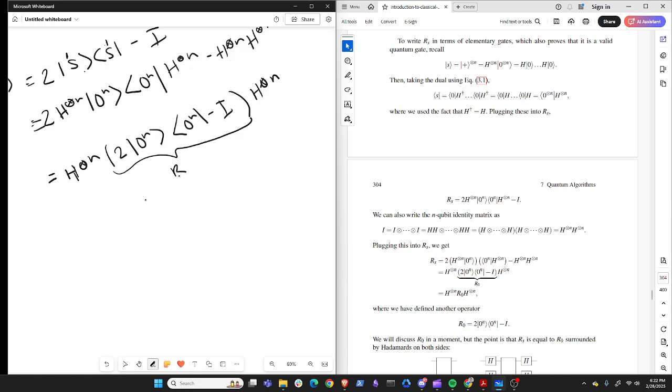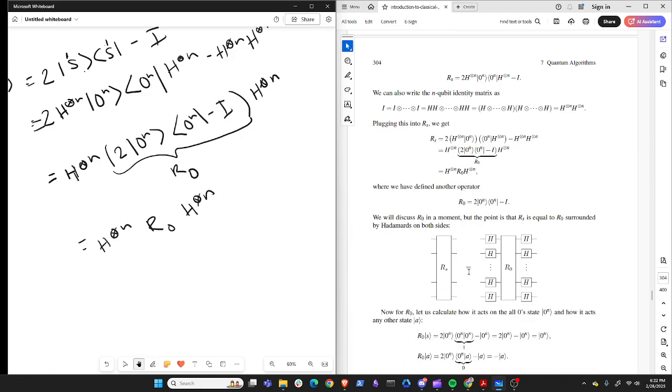Or pardon me, this is another R, right? So we had R of S, which was 2 ket s, bra s minus I. This is 2 ket 0 n, bra 0 n minus I. So we can simply say this is R sub 0. So we wind up with H tensor product n, R sub 0, H tensor product n times.